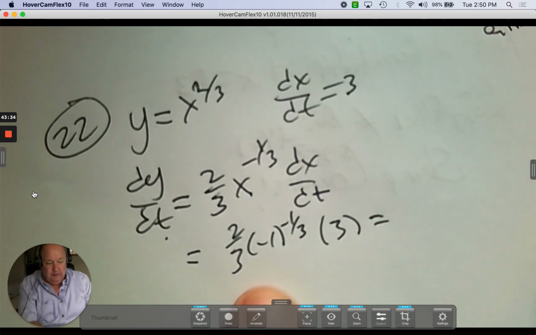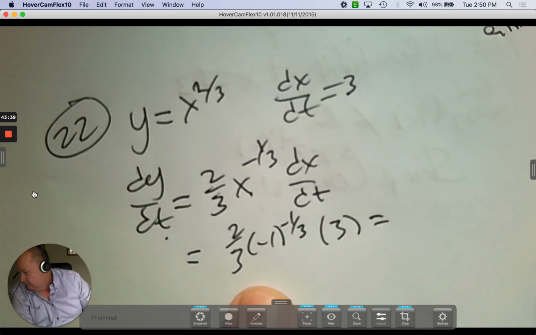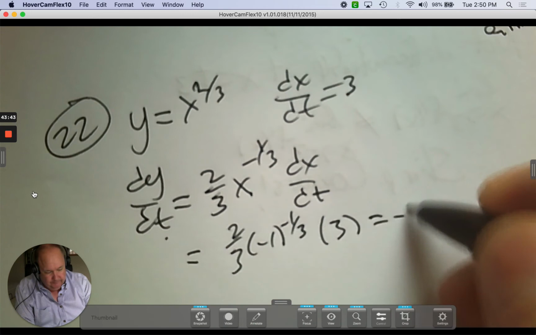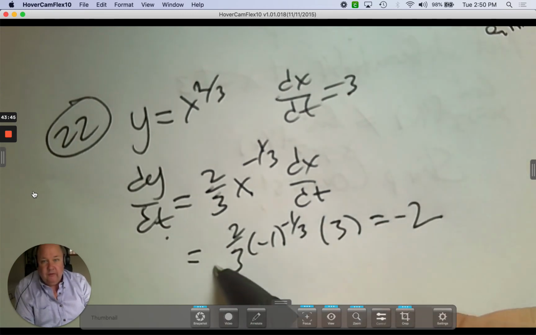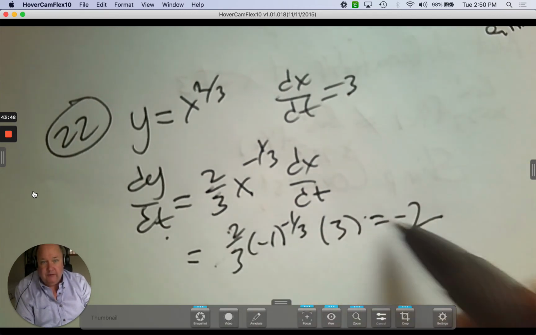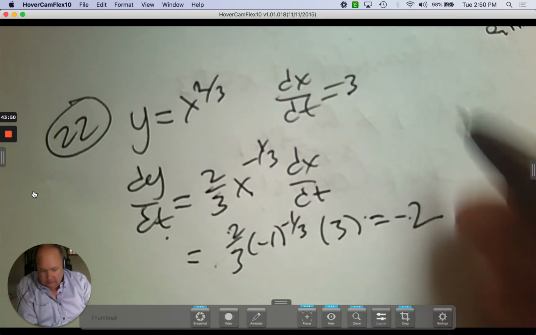So if you multiply this through for 22, you get the answer -2. So the 3's divide out, and then you're left with -1 times 2. That's part A.